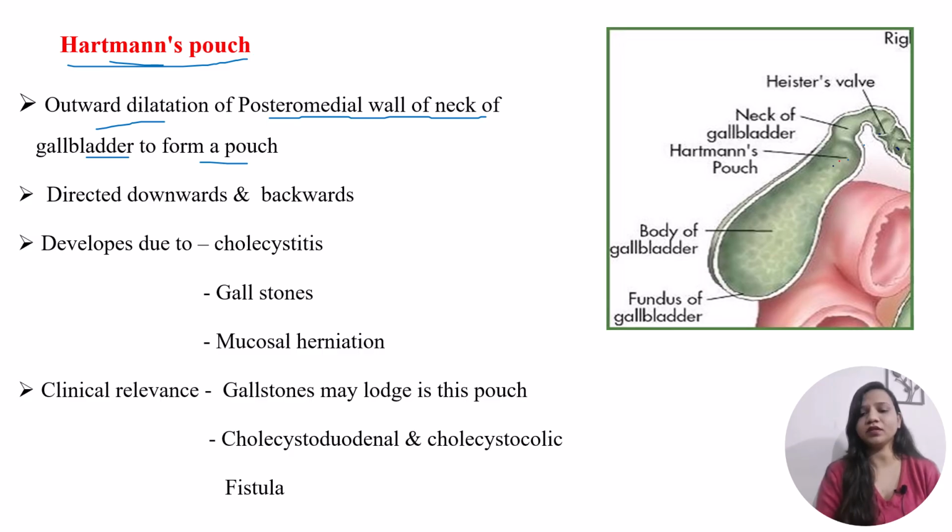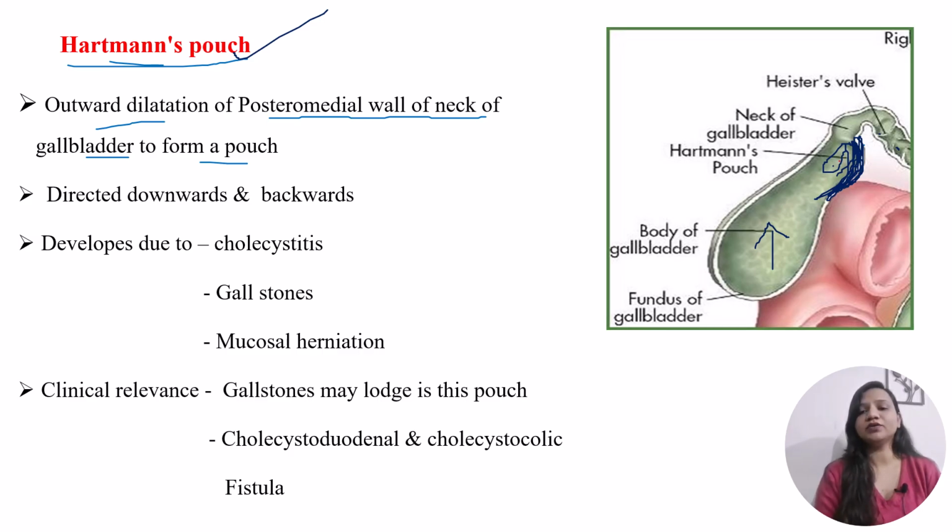Due to the increased intraluminal pressure, especially near the neck, the already edematous and infected wall of the neck becomes weakened, and due to that the mucosa and submucosa of the wall of the gallbladder, especially the neck, herniate outward through the muscular layer, which produces the outpouching. So it leads to the formation of Hartmann's pouch.